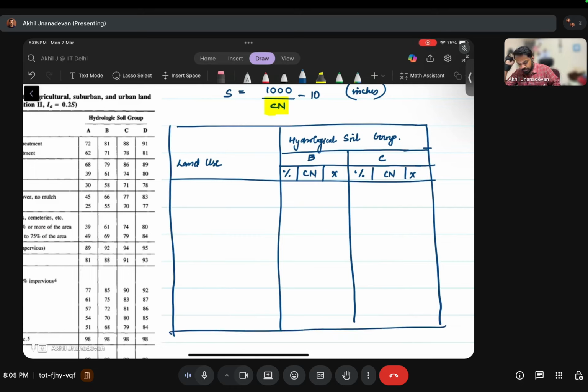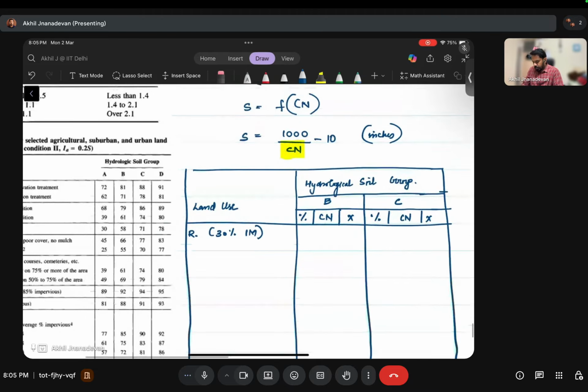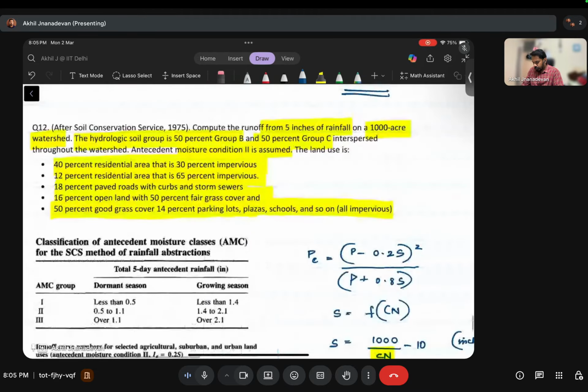The first land use is residential area. I'm writing it as R with 30% imperviousness. And so how much area is that? If you see the question, 40% of the area is residential area, right?